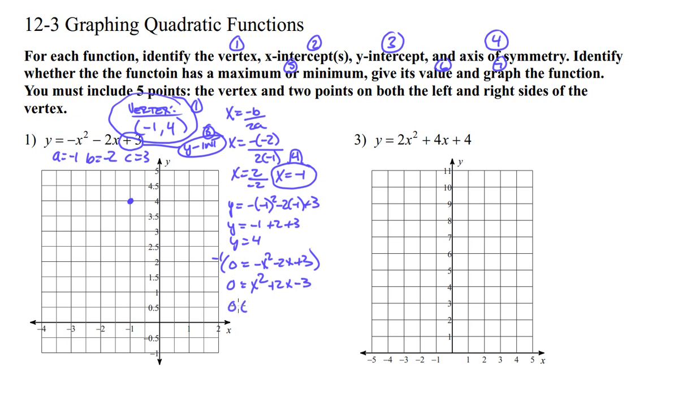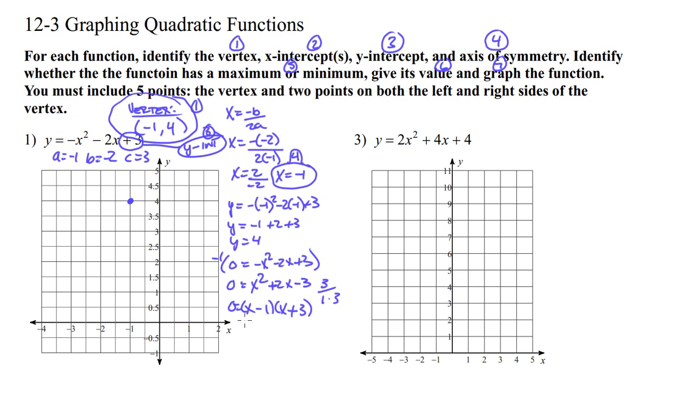So now we can factor this here. Okay, x times x is going to give us our x squared. The only factors of 3 are 1 and 3 that have a difference of 2. And those do, in fact, have a difference of 2, so that's good. In order for these to add up to +2, it's got to be +3, -1.